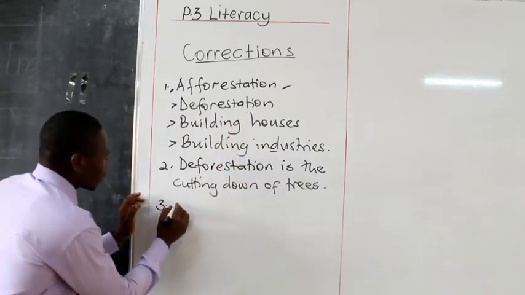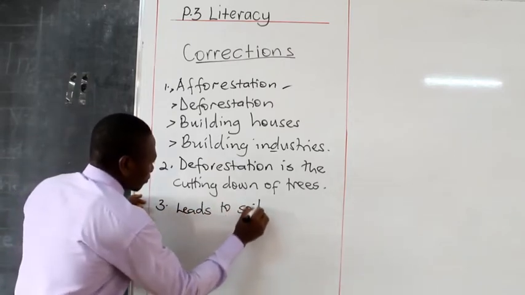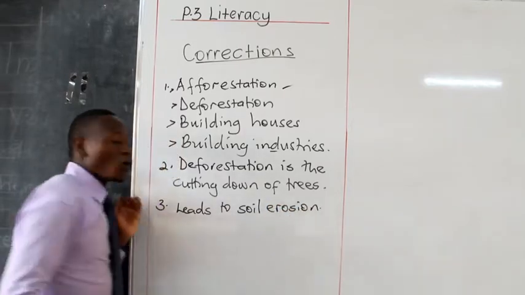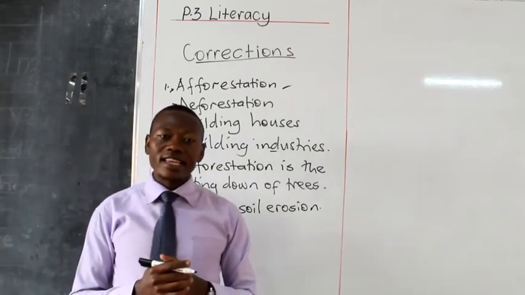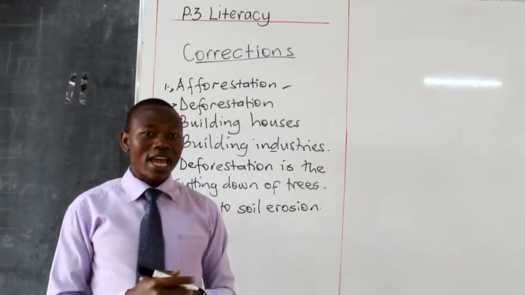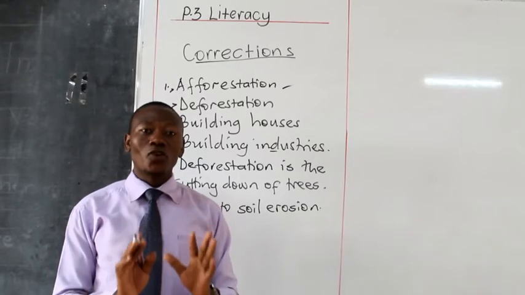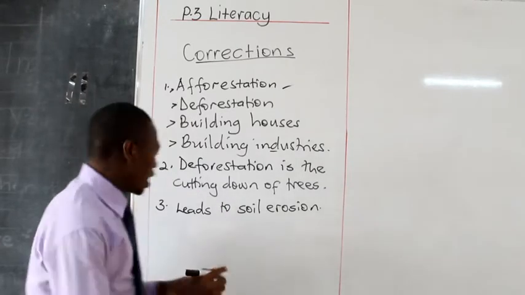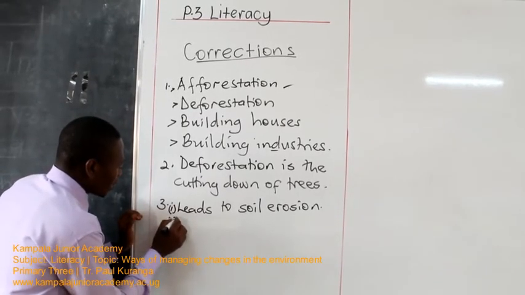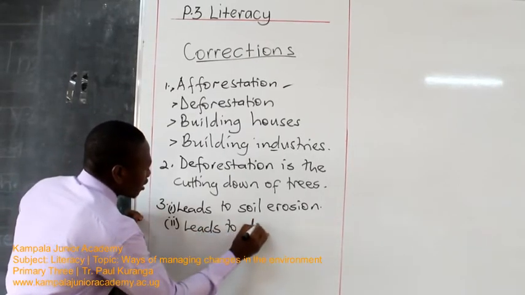We say deforestation leads to soil erosion. We say soil erosion is the removal of the topsoil by its agents, as you learned that in science. The removal of topsoil by its what? Agents. For example, people, wind, running water, mention it. All those are agents of soil erosion. Another danger of deforestation is, we say, leads to drought.